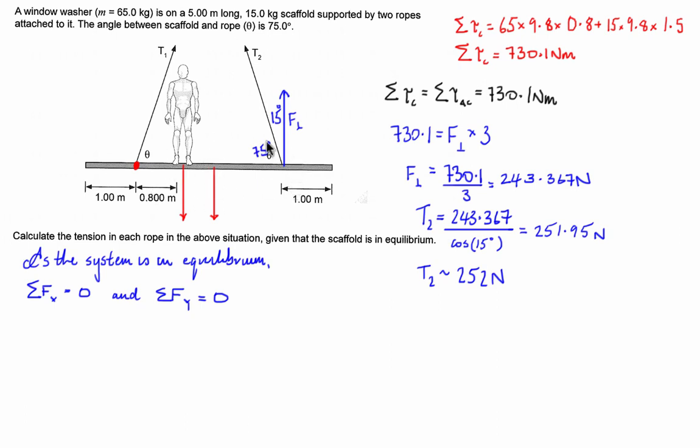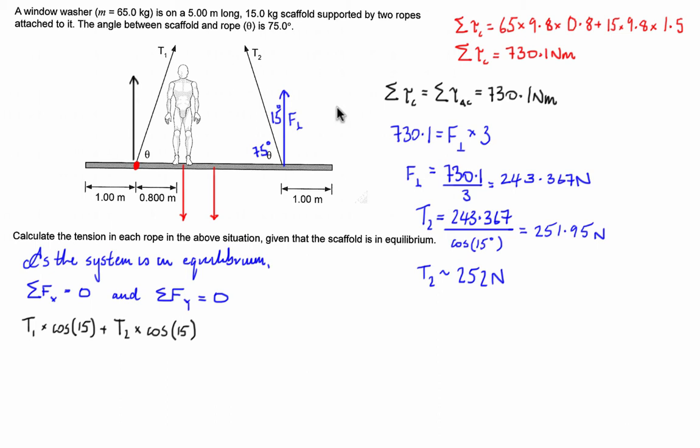So the way I'm going to do that is I'm going to say that the tension T1 times the cosine of 15 plus T2 times the cosine of 15, which is the 2 components of the tension in both of the ropes in the vertical direction.